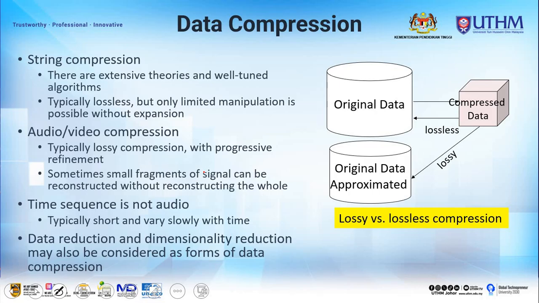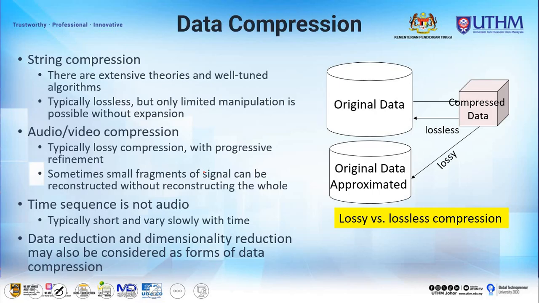Next, time sequences, not audio. Time sequences like sensor data, stock prices, and weather data often exhibit patterns that can be exploited for compression. The key characteristics are that they are short and slowly varying. Time sequences are typically short and change gradually over time, making them amenable to compression techniques that exploit temporal redundancy.